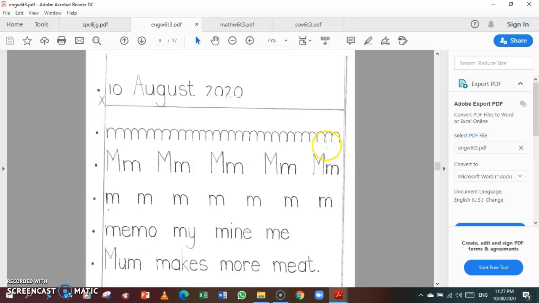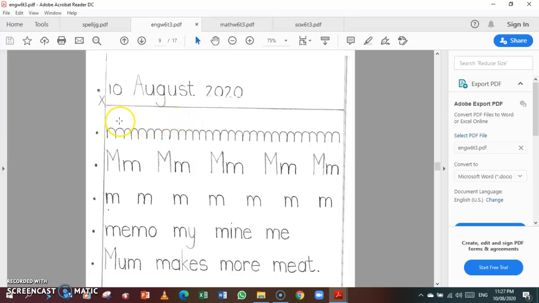For your handwriting, you copy this the same way into your current exercise book. Year 1, you've got a pink book at home. You copy this sheet the exact same way into your writing book. So you write 10 August 2020 and underline.